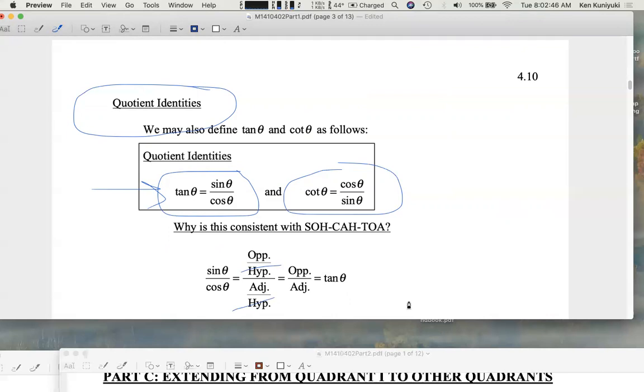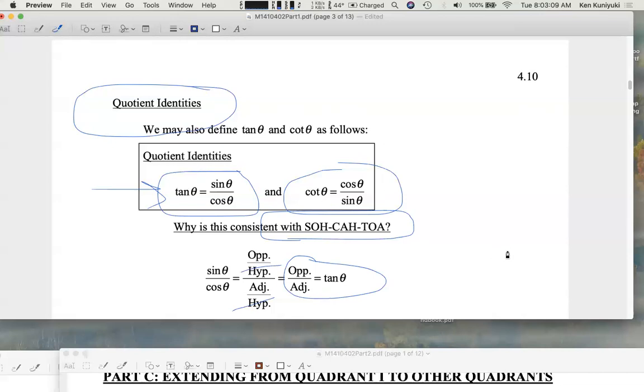The two little bottoms disappear. They cancel out, and we end up with opposite over adjacent, which was tangent of theta. That's TOA. Tangent of theta is opposite over adjacent. So the quotient identity here is consistent with Sohcahtoa. You could do something similar with cotangent of theta and its identity.